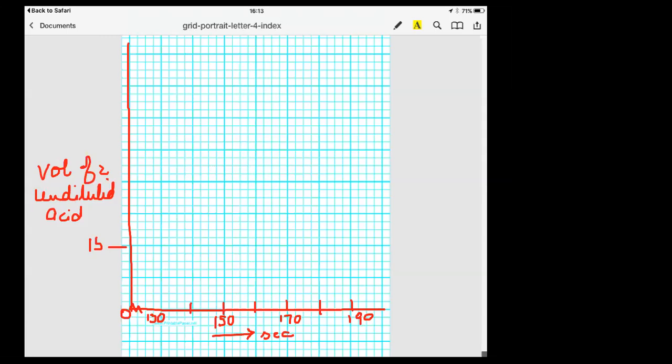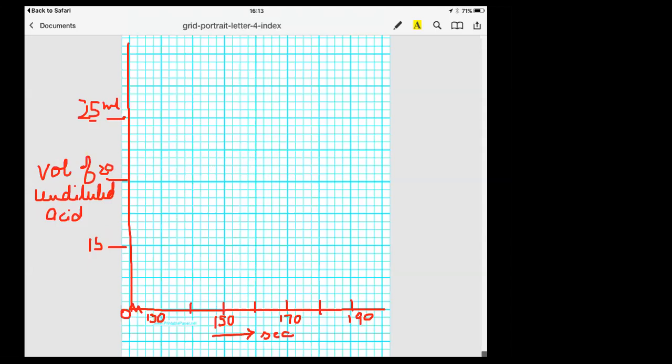And after that, let this be 25 ml. So this is the kind of graph you will have to draw. So this is 25 ml, and this is 20 ml.